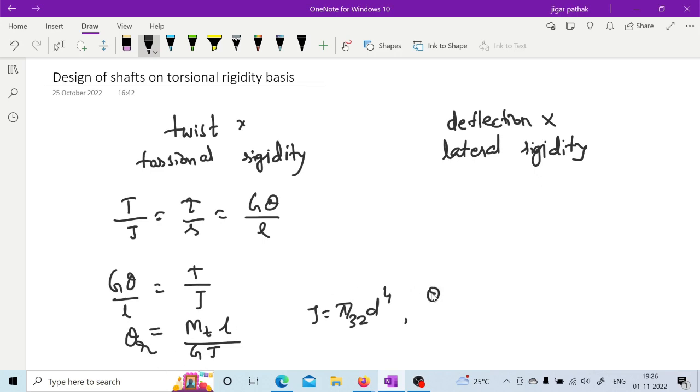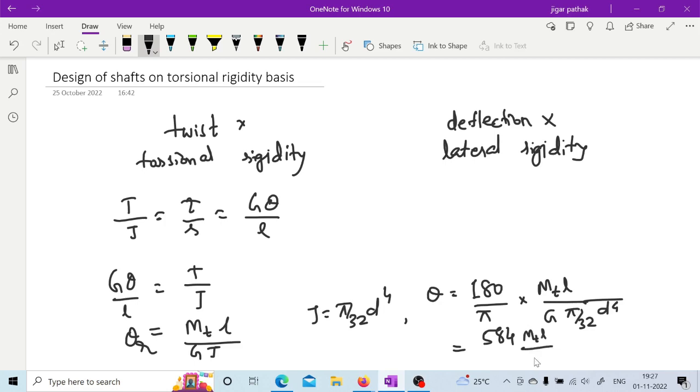Whenever you convert it into degrees, it will be 180 upon pi into Mt L upon G J. With J as pi by 32 d raised to 4, if you put the value of pi and simplify, it will be 584 Mt L upon G d raised to 4.